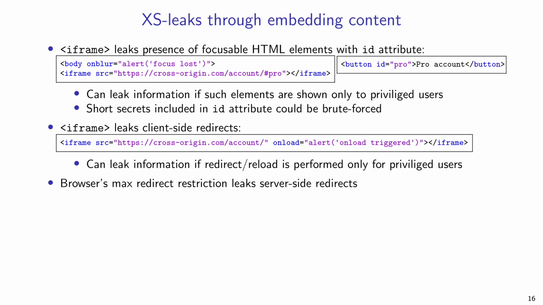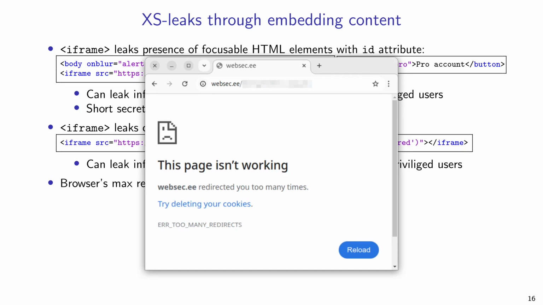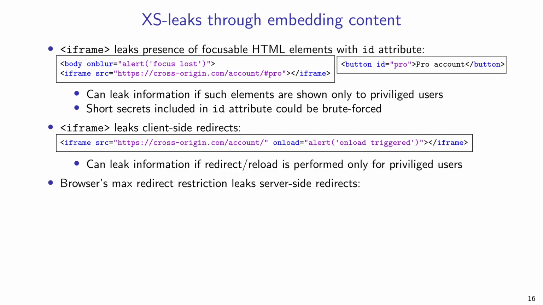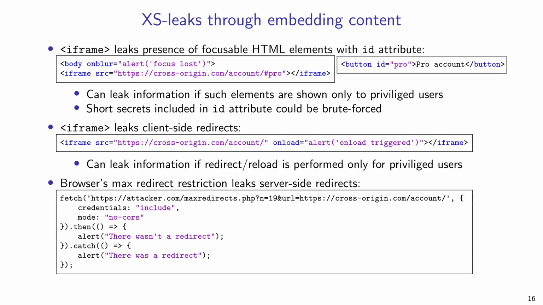Namely, using the browser's maximum redirect restriction, which leaks server-side redirects. The thing is that to prevent infinite redirect loops, browsers follow only 20 redirects, after which a network error is raised. And this behavior can be exploited to determine whether a cross-origin website redirects the user. So here is how the attack works.